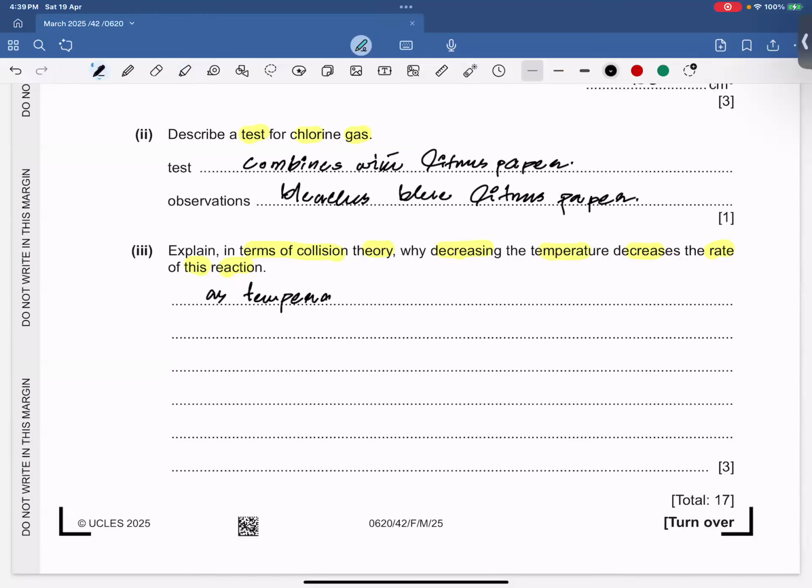So if temperature decreases, obviously kinetic energy of the molecules decreases. Movement of molecules slows down.